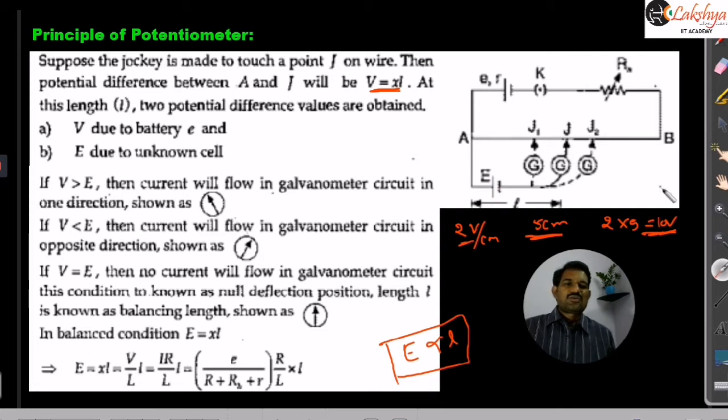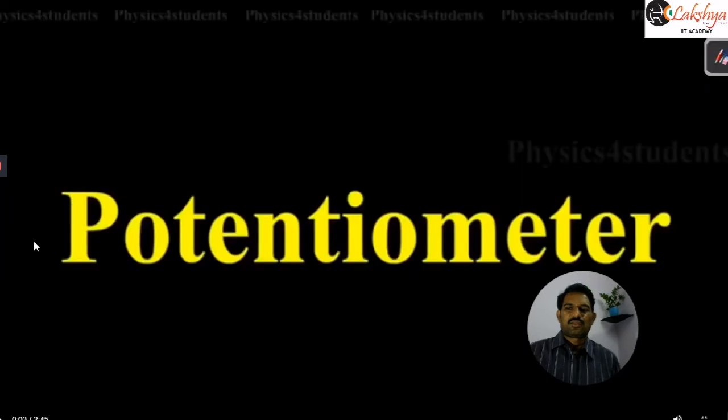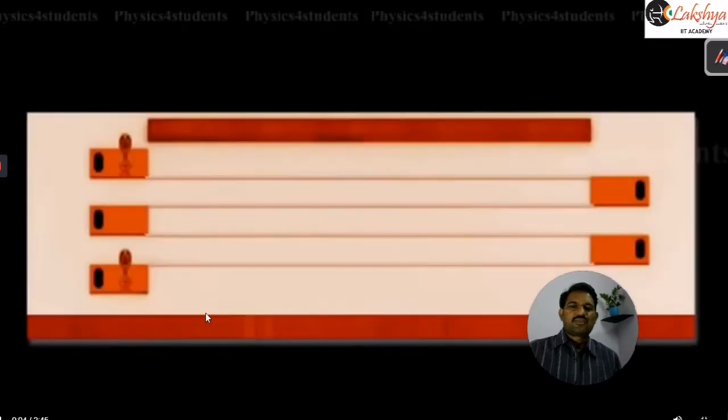Now let us see some principle here, the practical potentiometer and how to find its principle. I will show the animation regarding this. Now see this potentiometer here. As I said, this potentiometer consists of wires of 1 meter length connected like this.